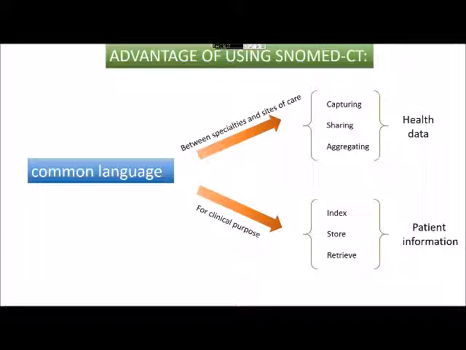Advantage of using SNOMED-CT. SNOMED-CT provides a common language that enables a consistent way of capturing, sharing, and aggregating health data across specialties and sites of care, and a consistent way of indexing, storing, retrieving, and aggregating clinical data from structured computerized clinical records.